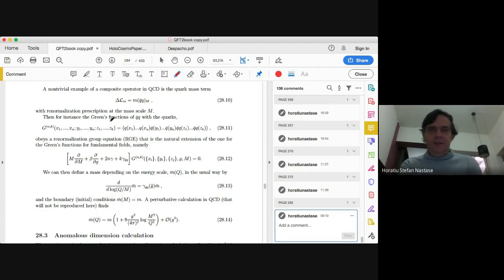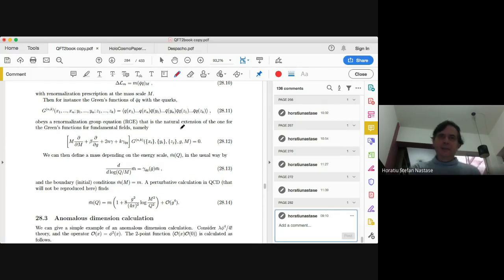So for instance, let's consider the n-point function with some quarks. So I have the operators Q bar Q at z1 up to Q bar Q at zk, but then I also introduce some quarks Q at x1 to xn and some Q bar at y1 to yn.